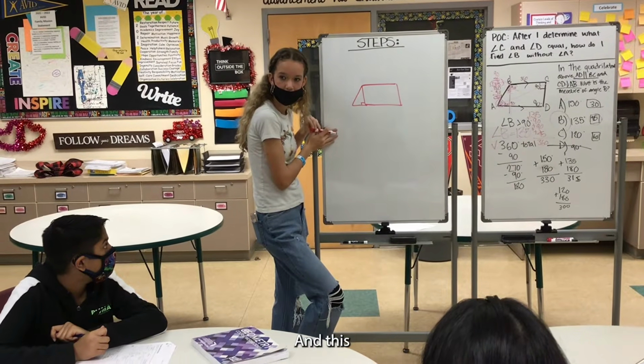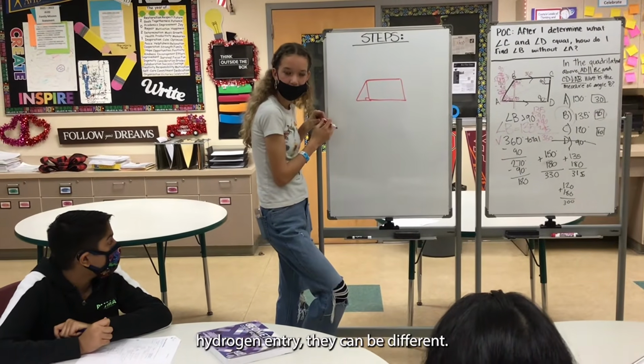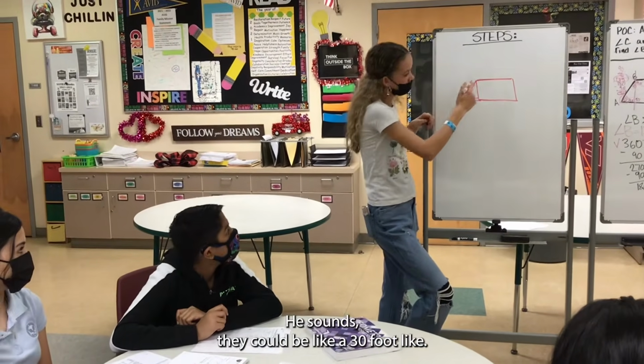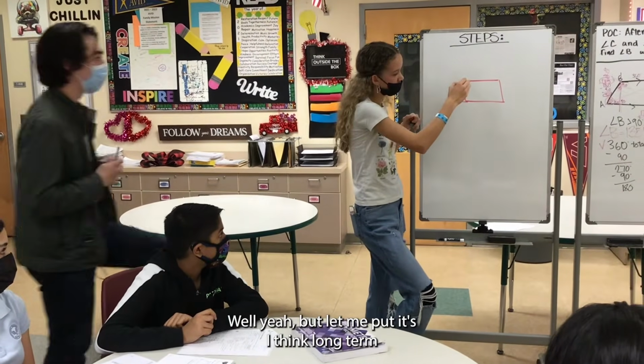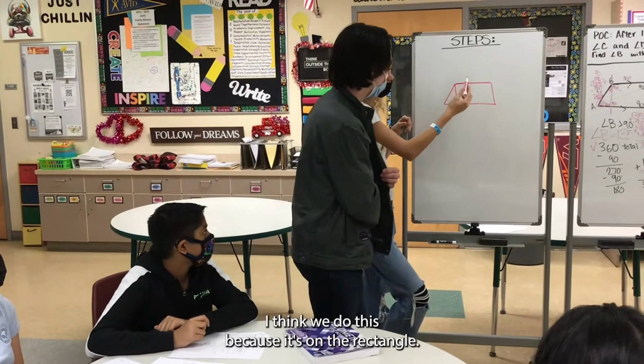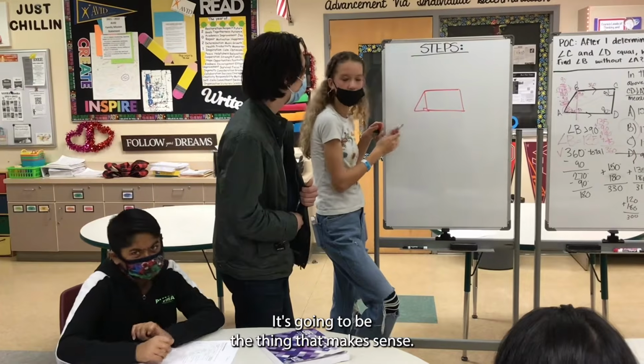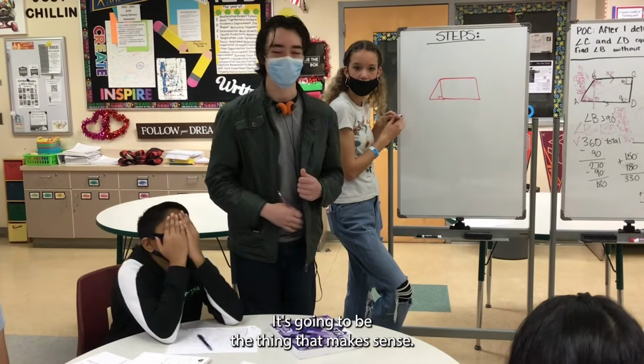That's not 100% true. They can be different. He's trying to say it could be like 30 and 60. But I think it's correct. I think what you did was right, because it's on the rectangle, it's going to be the same. That makes sense.